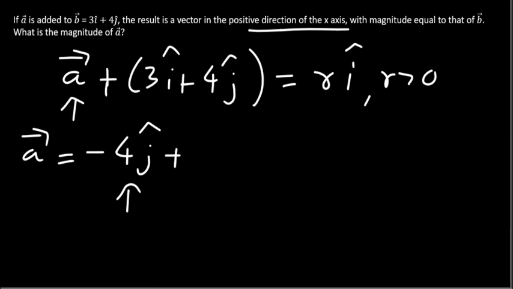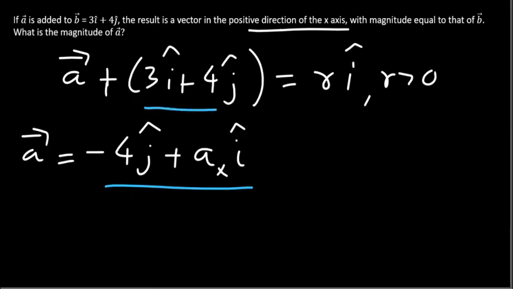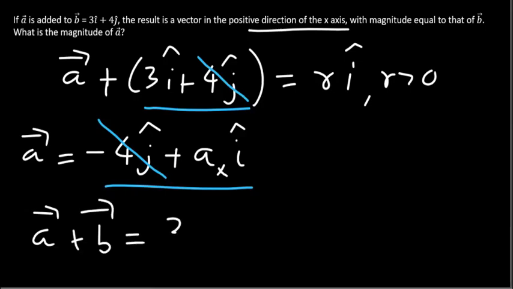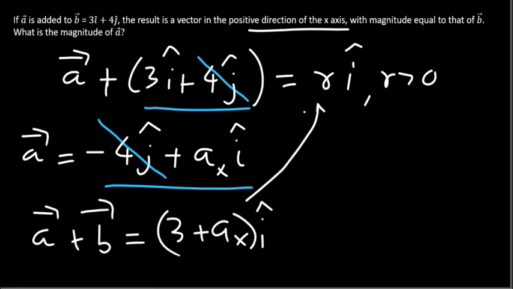And the x component can be written as ax i hat. So when you add this vector a to vector b, the y component will cancel out, leaving only 3 plus ax i hat, which is in this form. So immediately you can tell that gamma is 3 plus ax.